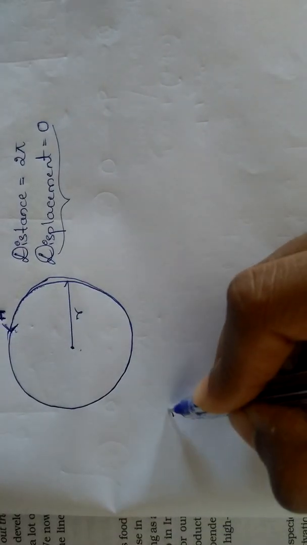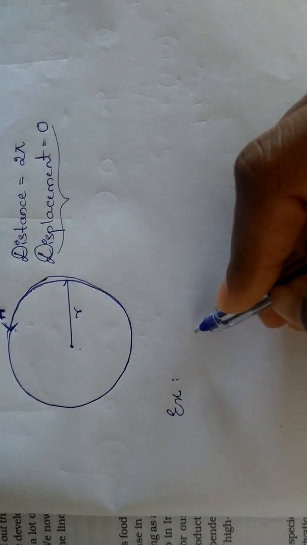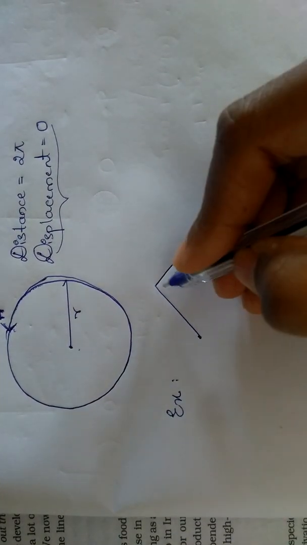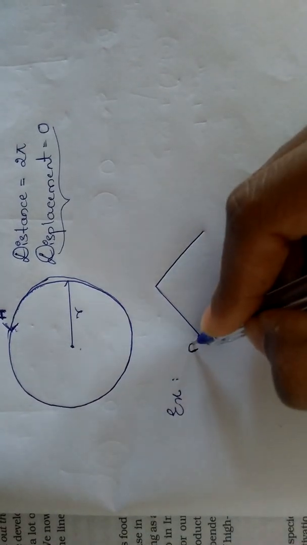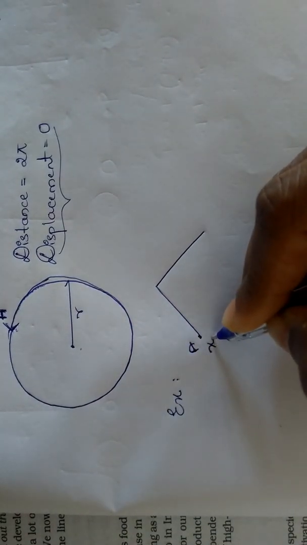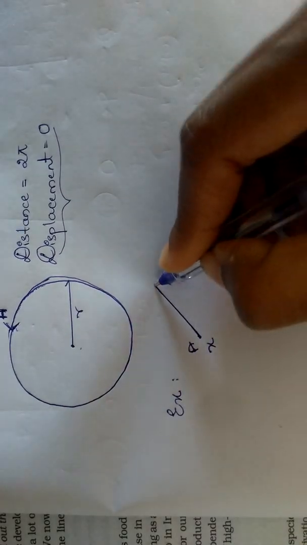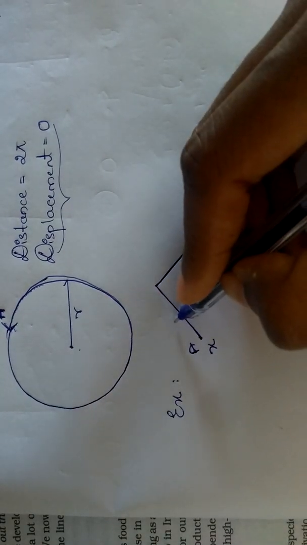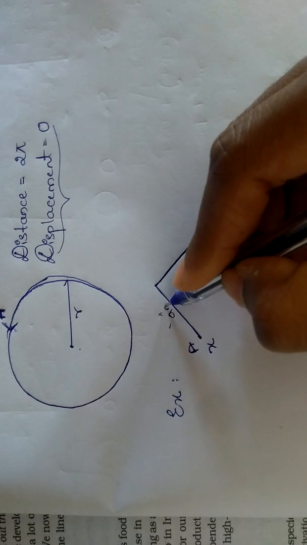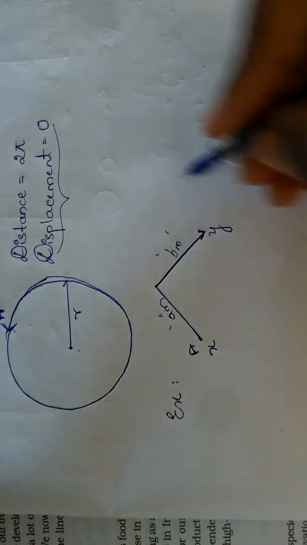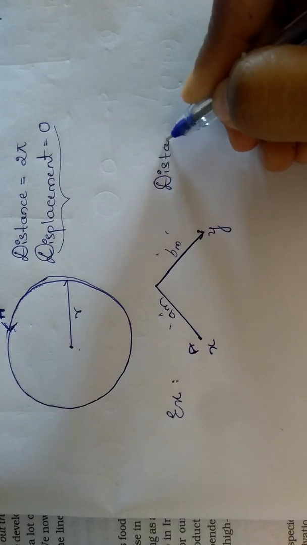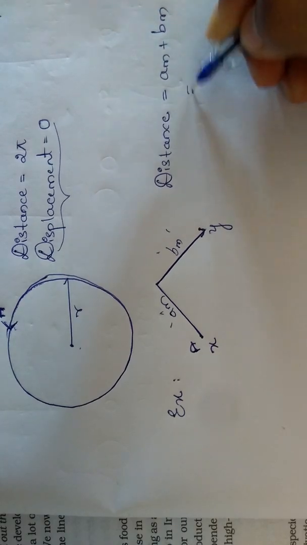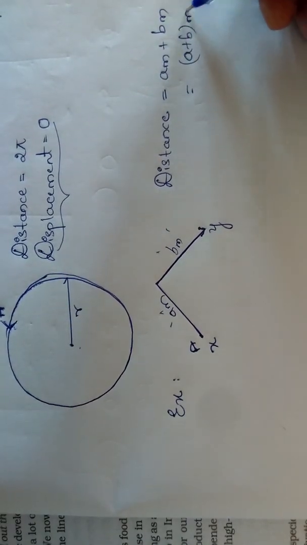Let us consider another example. Say you have a road like this. If an object A moves from position x to y on this road, what will be the displacement? If this is a meters and this is b meters, then the distance will be just the sum, a plus b meters.